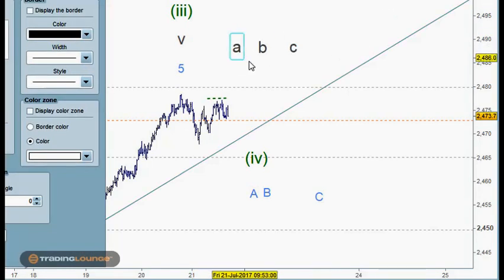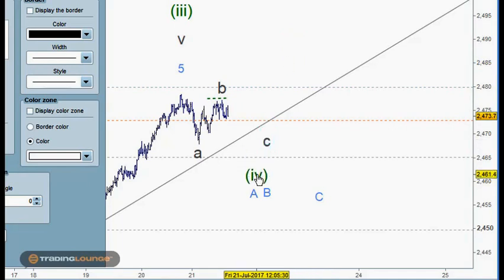So I think what we've actually got here is something like an A wave here, a B wave in 3 here, and a C wave here, but I don't have any evidence of that as such. I'm just shooting the breeze here. That would only be valid technically if that low there got taken out. That would prove that it is an A and a B and a C, because it will be in 3 waves if that moves back down below this one here.